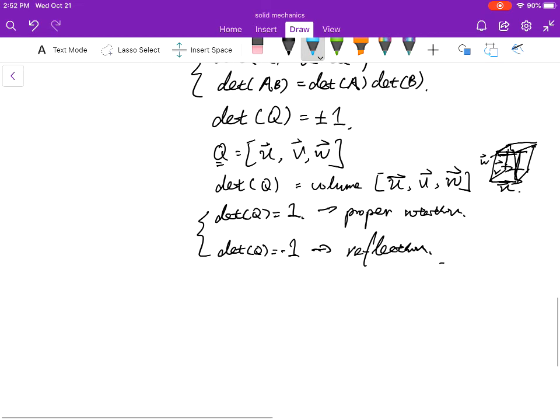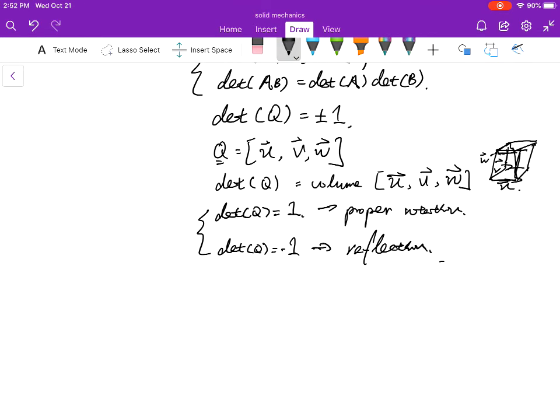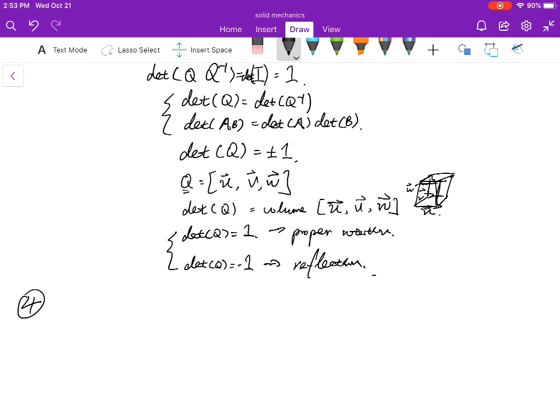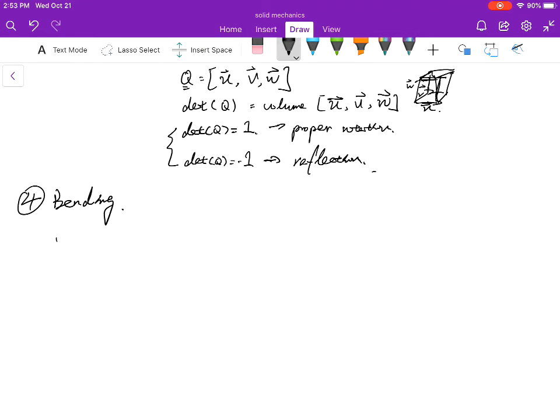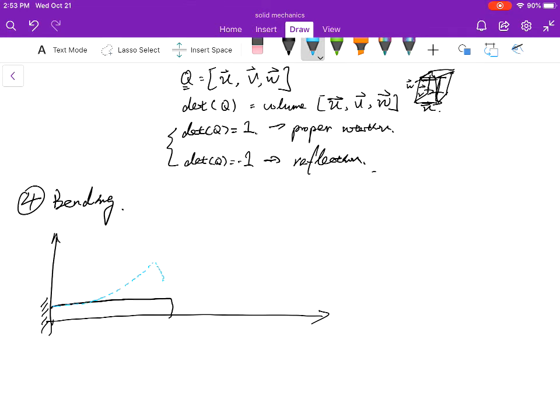Okay, and then let's consider a case with more complicated deformation. That's the fourth case. We call it bending. For this bending problem, I will not focus too much on the equations, but just introduce the physics. Let's say we have a cantilever beam that we deform, something like this.